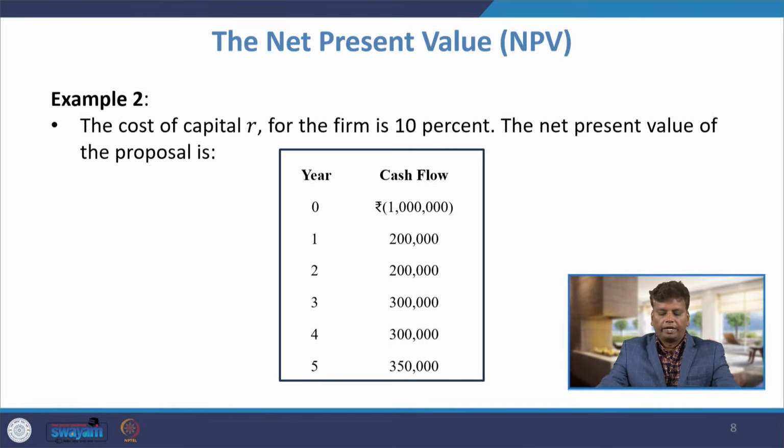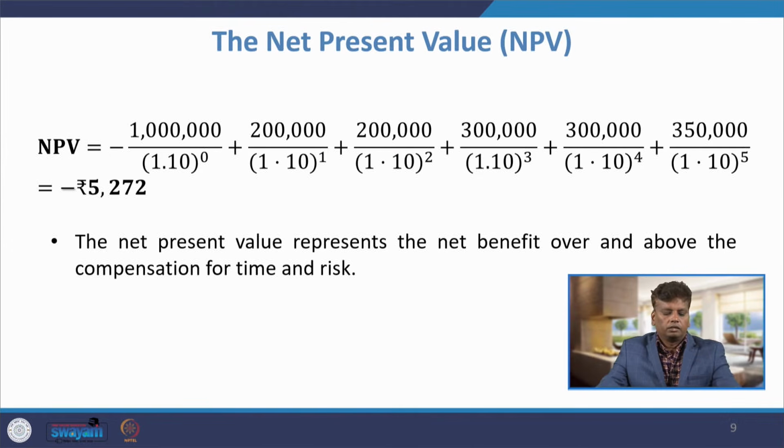Now we are going to find the net present value of this proposal. The NPV is minus 1 million, because that 1 million is our initial investment, and that minus sign is important, plus the cash inflows for the next 5 years. So $200,000 upon (1 plus R), where R is 10%, the cost of capital.